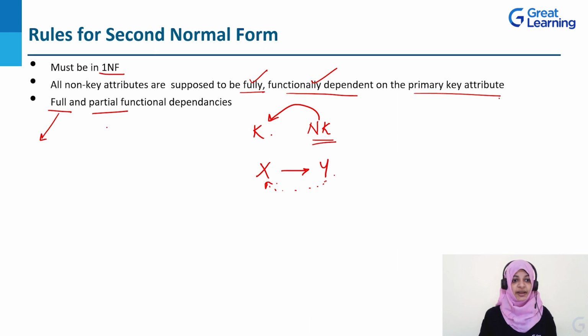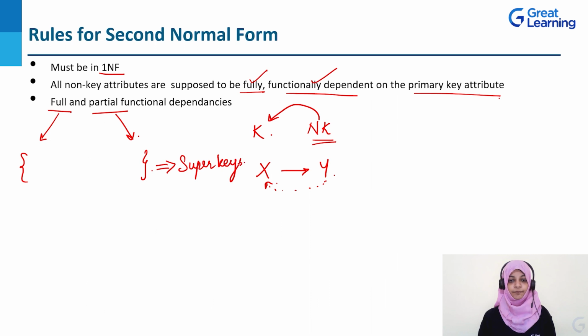Now, the full functional dependency and partial functional dependency can actually be understood if we look at a table. In a table, we might have a combination of keys such that all of these keys together would uniquely identify any of the tuples. Such keys are actually known as super keys. This set of keys is such that taking the combination of the set of keys is going to uniquely identify any of the tuples given in our table.